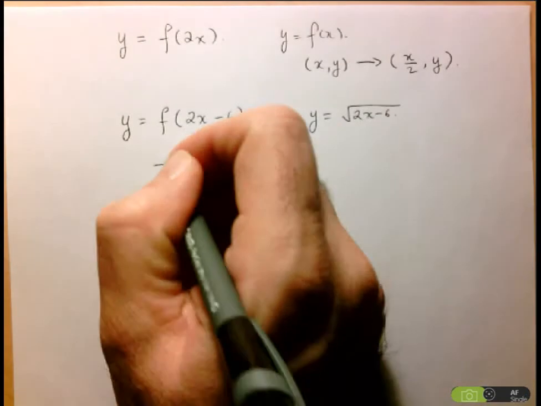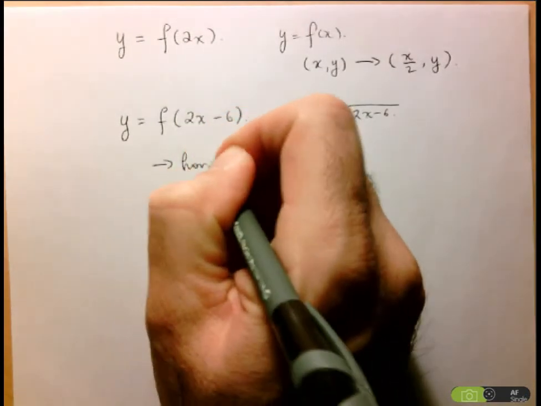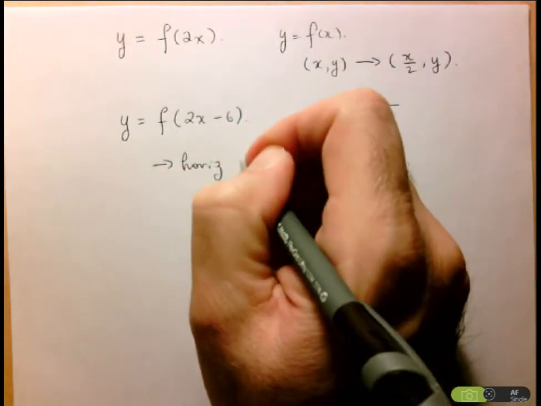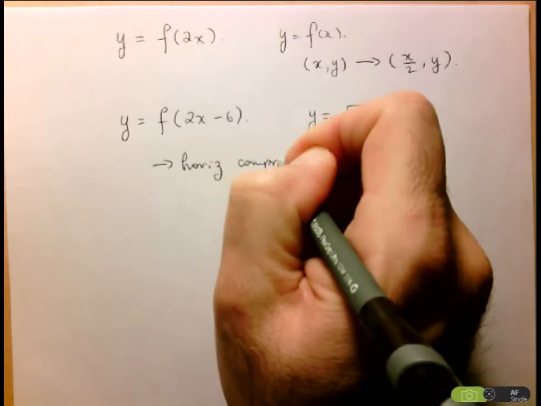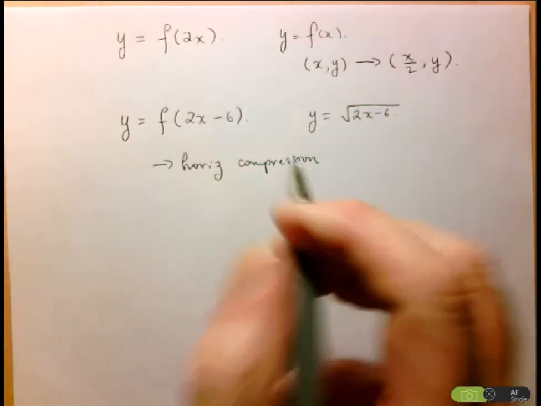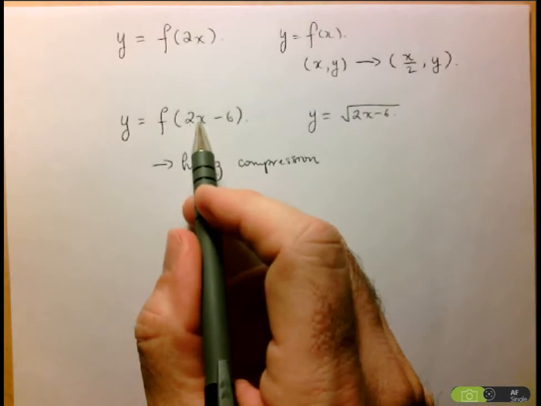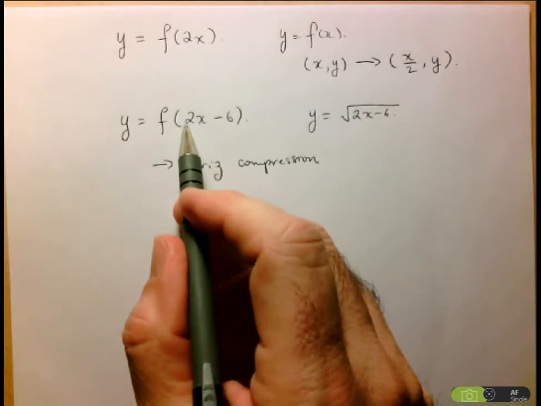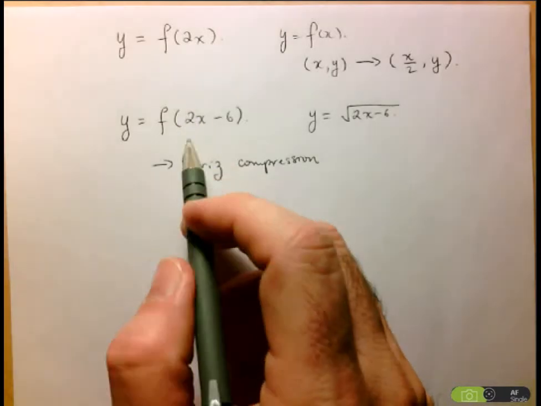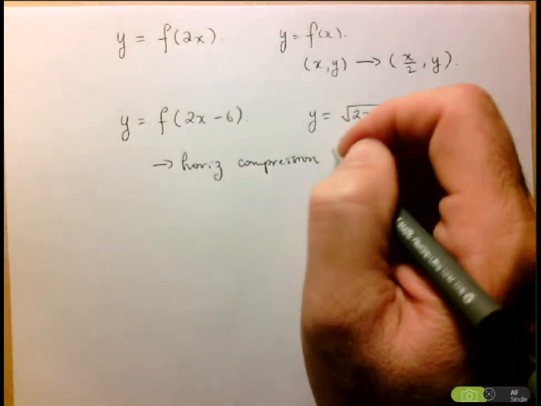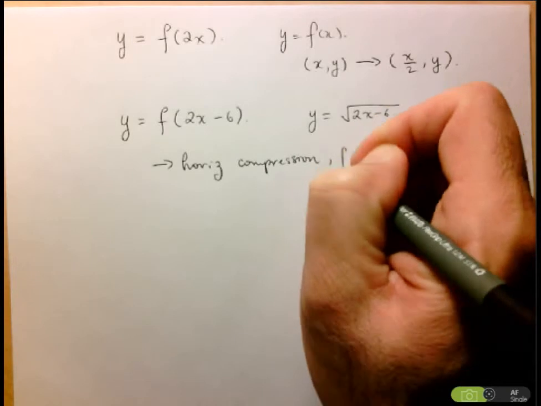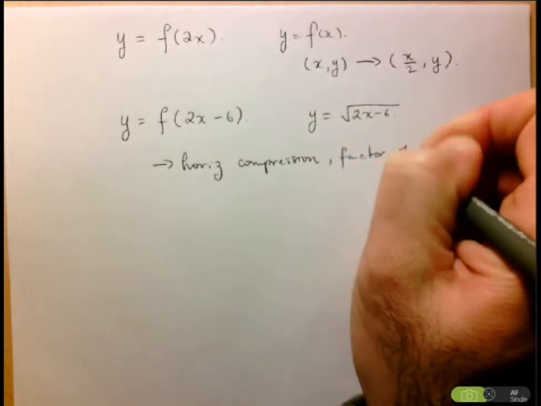So we might say that there is a horizontal compression. Remember, always the opposite effect. This times 2 actually would become a compression by a factor of 1/2. So this would be a horizontal compression by a factor of 1/2.